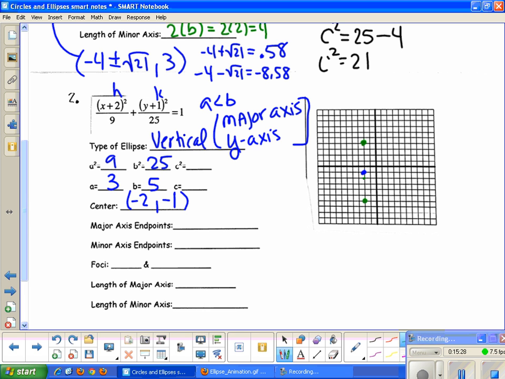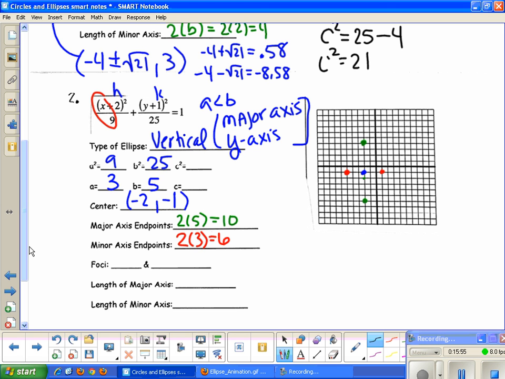So if I count that distance, my major axis is going to be 2 times 5, which is 10. For my minor axis, I'm going to go from the center to the right 3 and to the left 3, because this is over my x. So the minor axis is going to be 2 times 3, which is 6, and you can even count that on your graph.